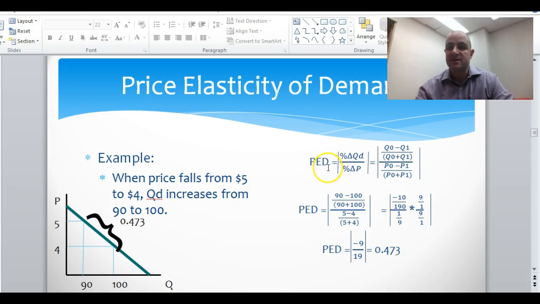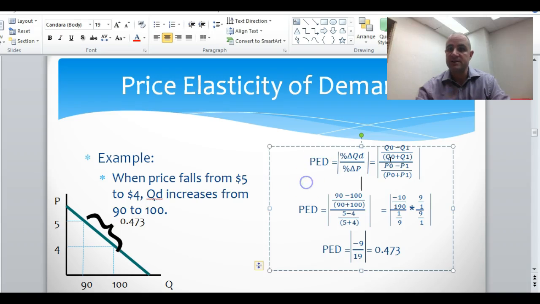And so if we take the price elasticity of demand, absolute value, percentage change in quantity demanded divided by percentage change in price, Q0 minus Q1 over Q0 plus Q1, P0 minus P1 over P0 plus P1. And so we have 90 minus 100 over 90 plus 100, 5 minus 4 over 5 plus 4.